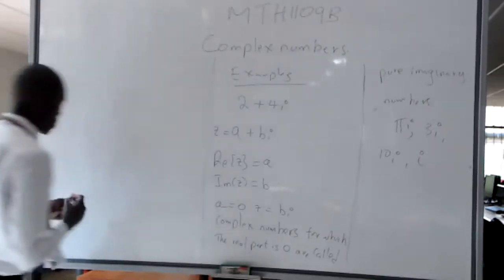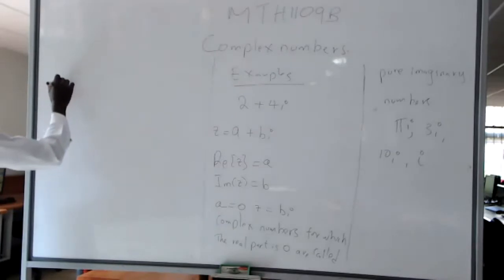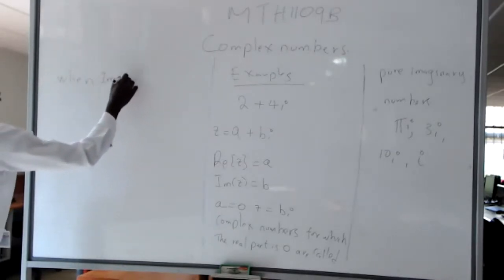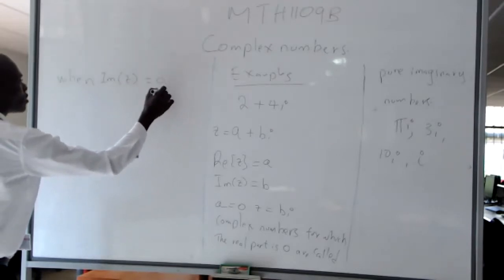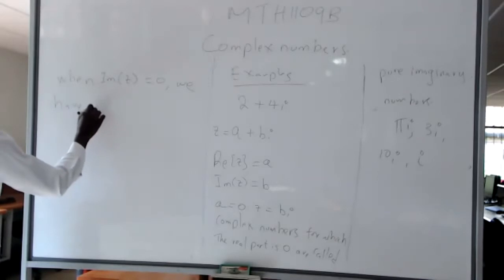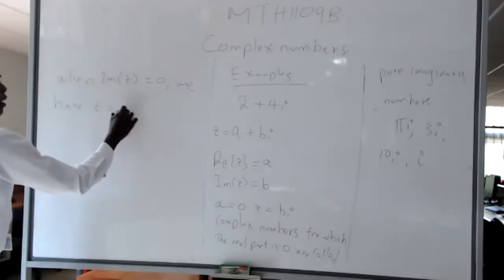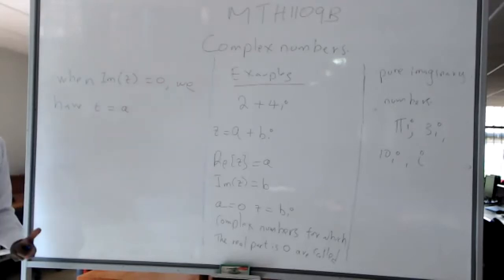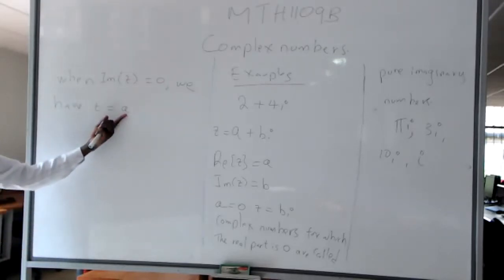That's going to be a very special case when the imaginary part of z is 0. We have that z is a. So it should be a plus 0i, but because the imaginary part is 0, we just have a.